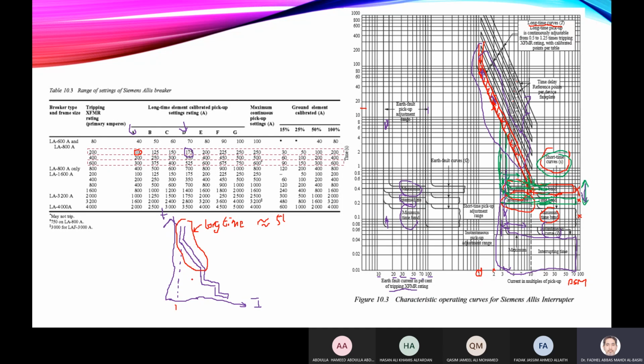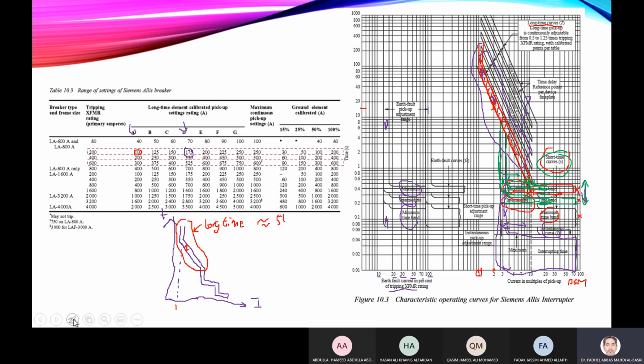So it has a time band instead of a time dial. This is only one curve. The difference here is just the tolerance that this breaker can take; the breaker will operate within this range.